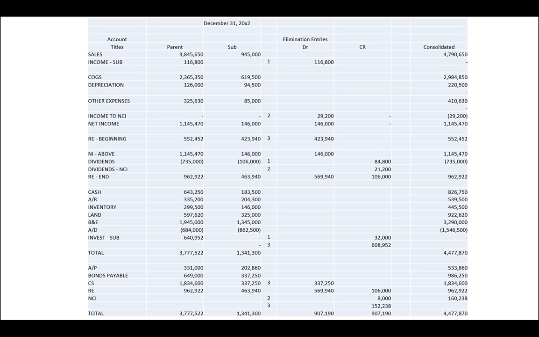Investment sub is 0. Income sub is 0. Notice that $29,200 is the income to the NCI. And then the NCI has a value of $162,38 that's been assigned to it through 2 journal entries, EJE 2 and 3.